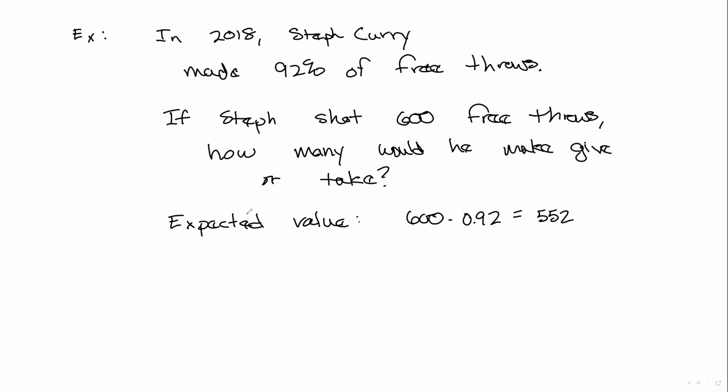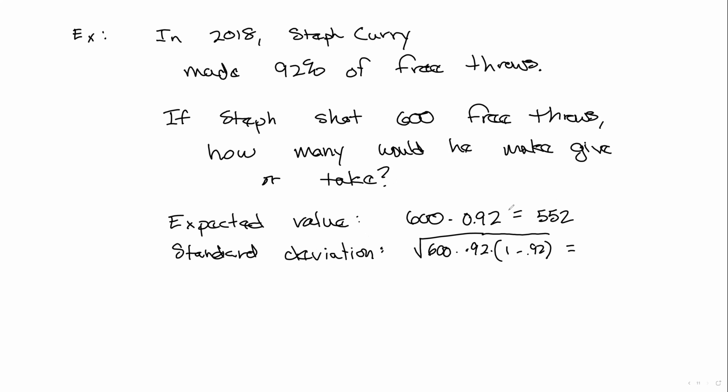And then the standard deviation would be the square root of 600 times 0.92 times 1 minus 0.92, which is about 6.6. We're just going to round that up to 7.